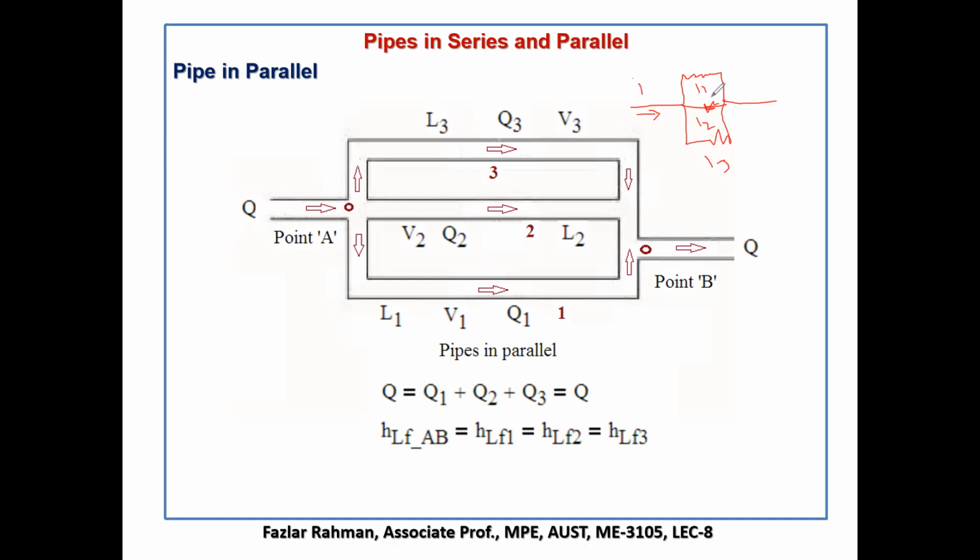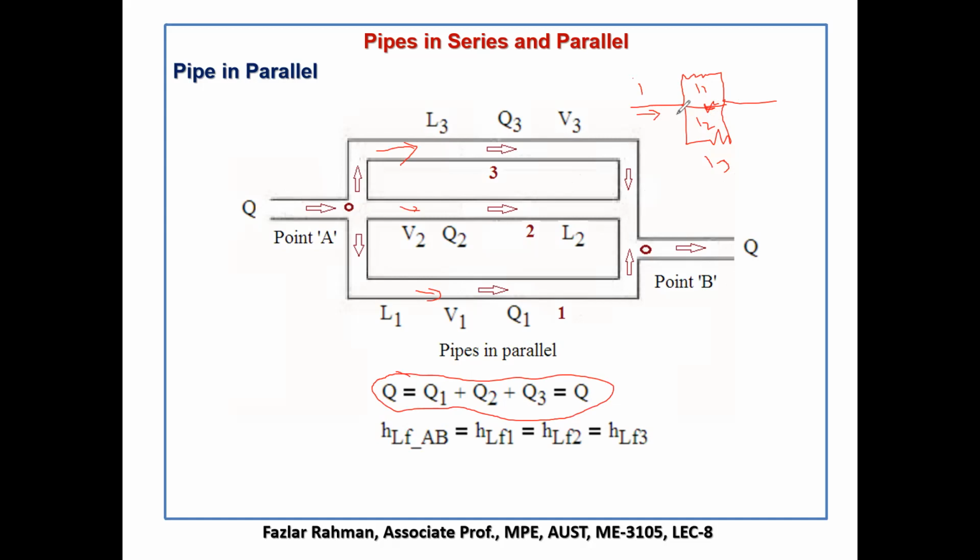So I equal to I1 plus I2 plus I3. So similarly, if pipe is parallel, then Q is coming over here, then the flow is divided into different segments of the pipe, right? Q1, Q2, Q3, then getting out Q. So Q equal to Q1 plus Q2 plus Q3.